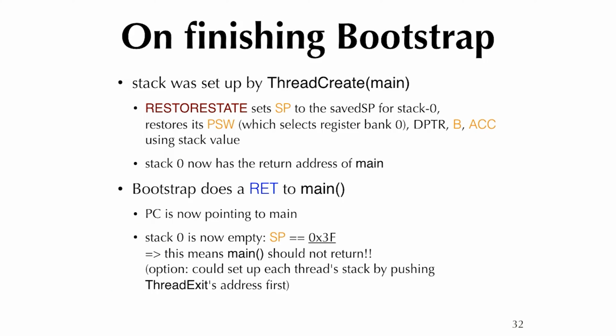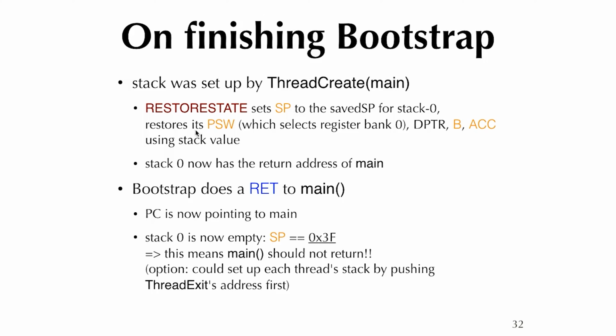So then the bootstrap basically calls thread create to set up the initial stack for main, and then does a restore state to that context, right? So saved SP already has the saved value, so then it copies that to SP. That's when the stack got moved from the initial hardware stack to thread 0 stack.